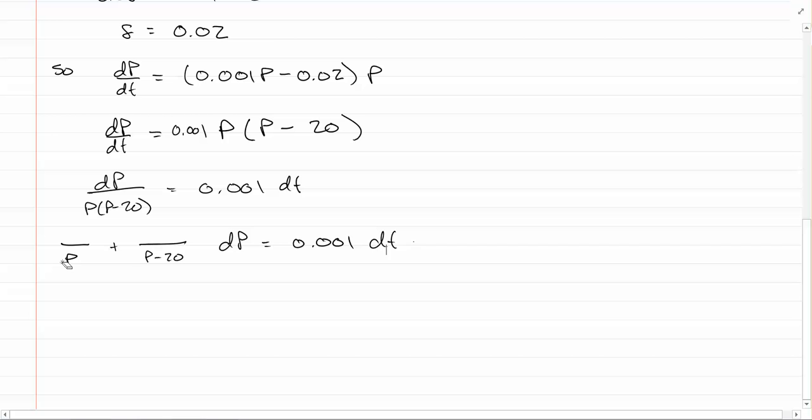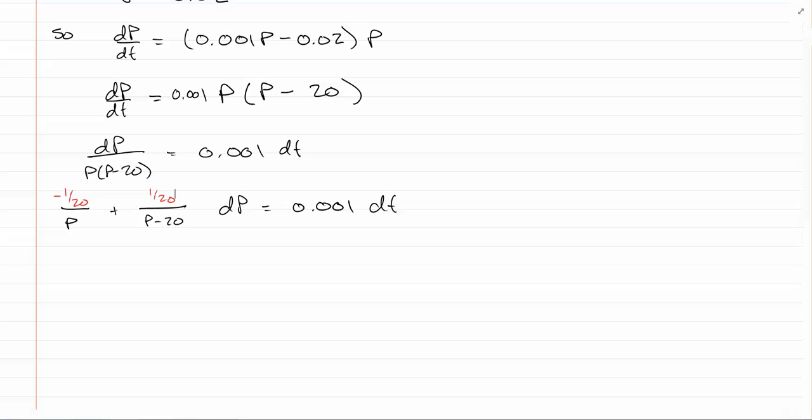To figure out what goes above the p, you cover up the p, you plug in p equals 0. That'd give you 1 over negative 20, so negative 1 over 20. To figure out what goes above this term, you cover up that term, you plug in p equals 20. You'd have positive 1 over 20. So that's how the partial fraction decomposition works.